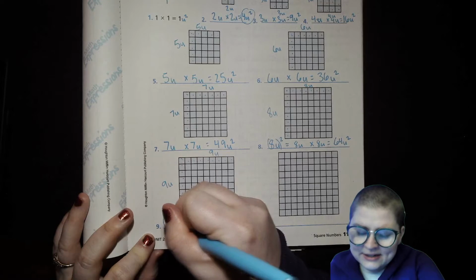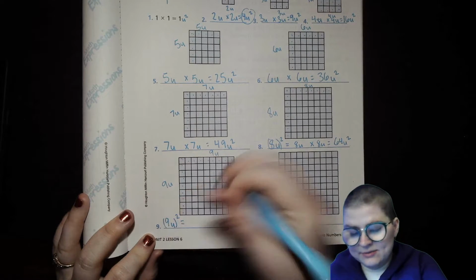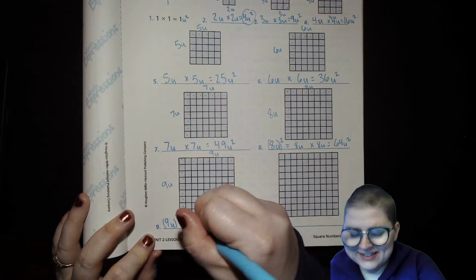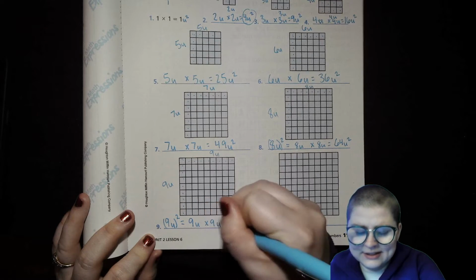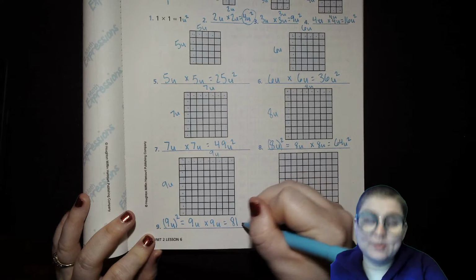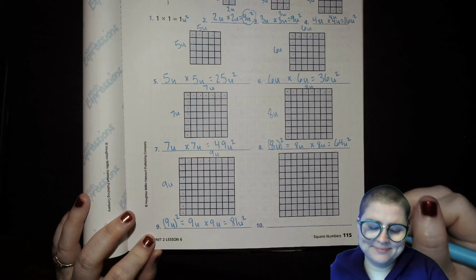Parentheses, 9 units squared equals 9 units times 9 units equals, what's 9 times 9? 81. And what's unit times unit? Unit squared.